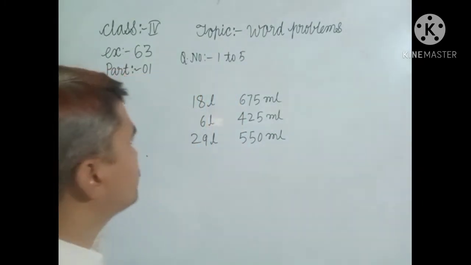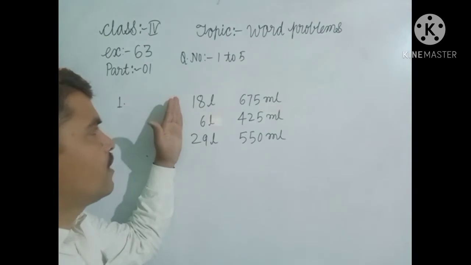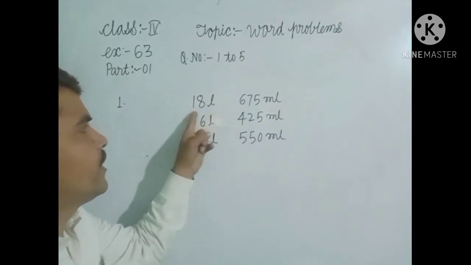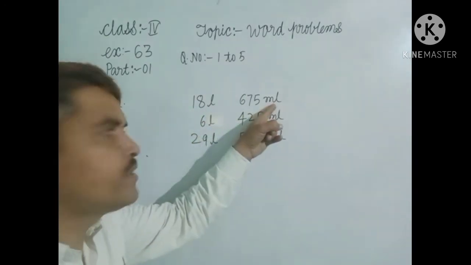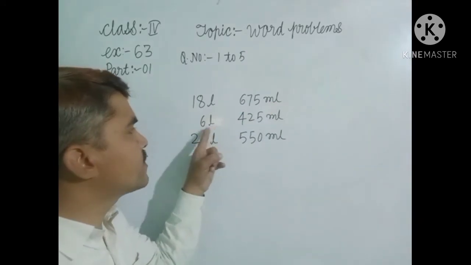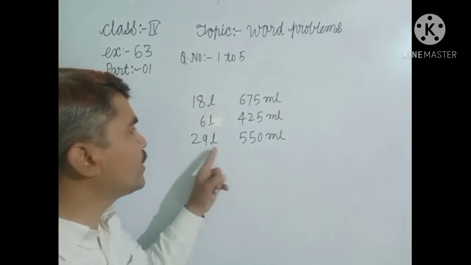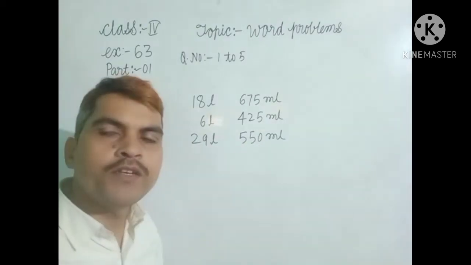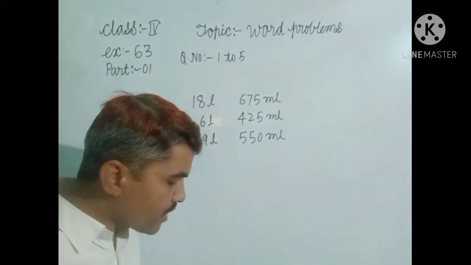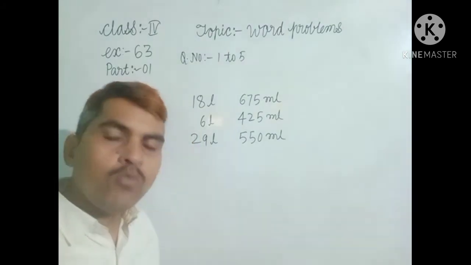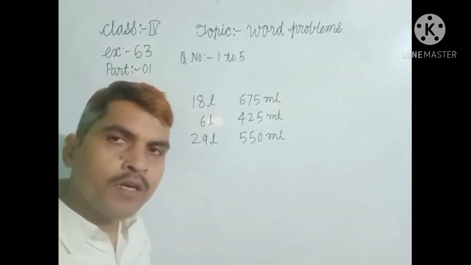Now, dear students, Ramu sells milk in the first building 18 liters 675 milliliters, in another building 6 liters 425 milliliters, in a hotel 29 liters 550 milliliters. Then the question asks, find the total quantity of milk sold by Ramu.